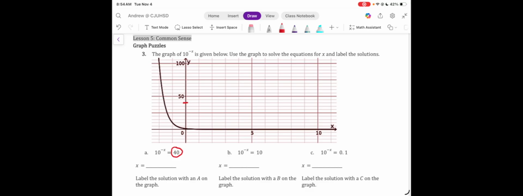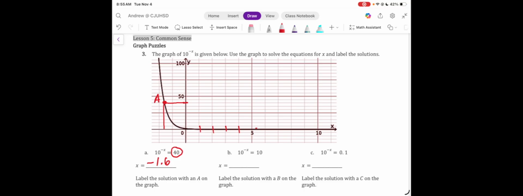There's 40. You go over to the graph. Then you look straight down. And let's just estimate that. It's about negative 1.6, because every major division here is worth 1. This is 1, 2, 3, 4, and then 5. So that would be A.